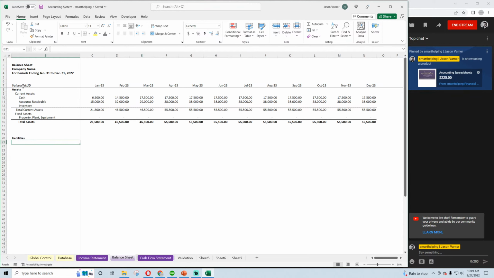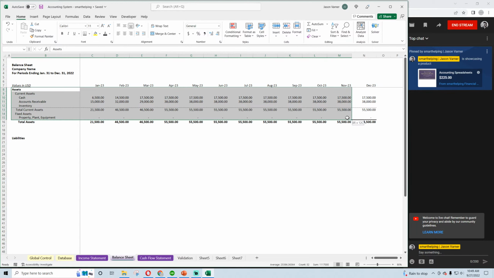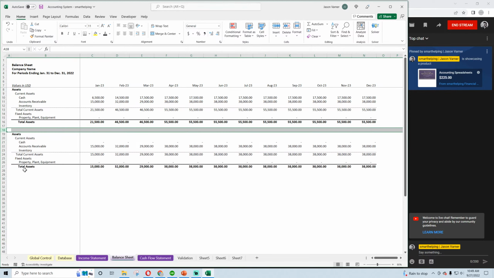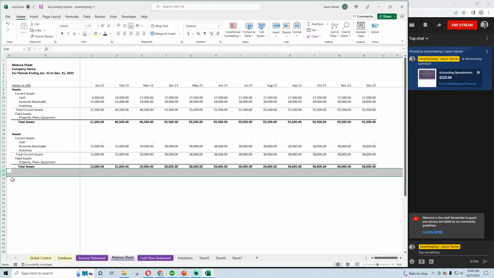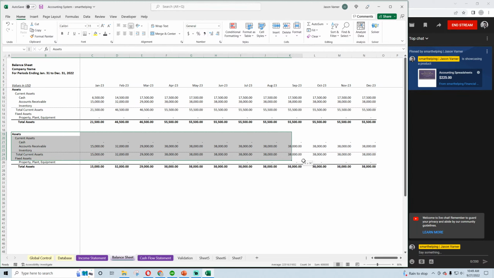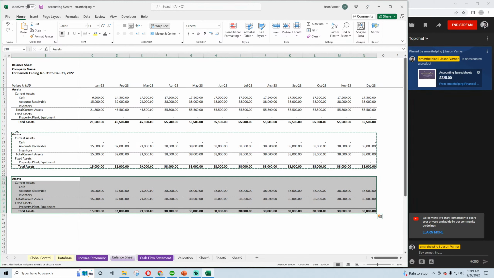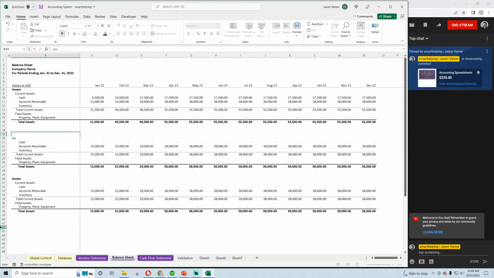Oh, I don't even have liabilities or owner's equity in here yet, actually, so I guess we could start putting that in. There's just not going to be much to it yet, but might as well put it in here. So liabilities, owner's equity.